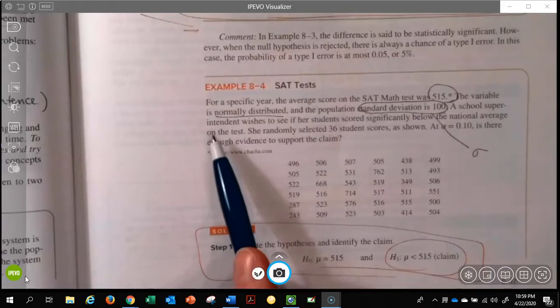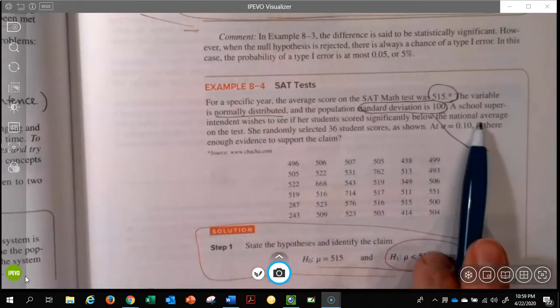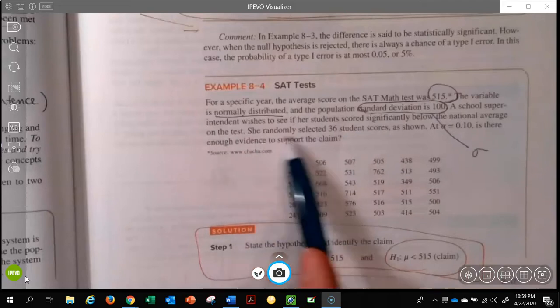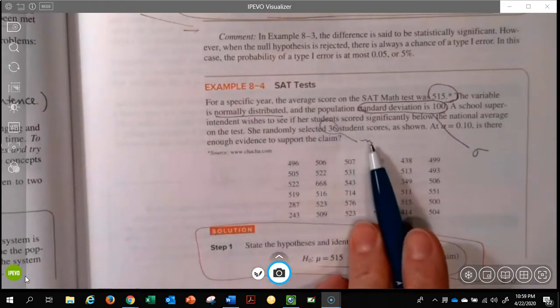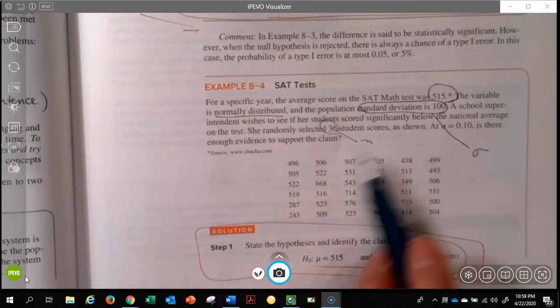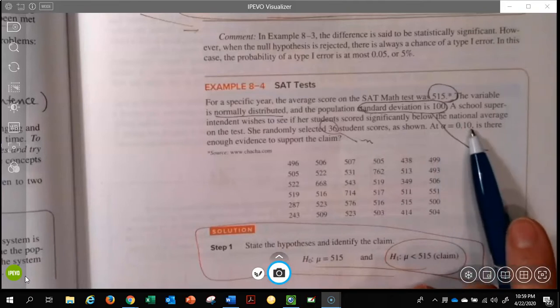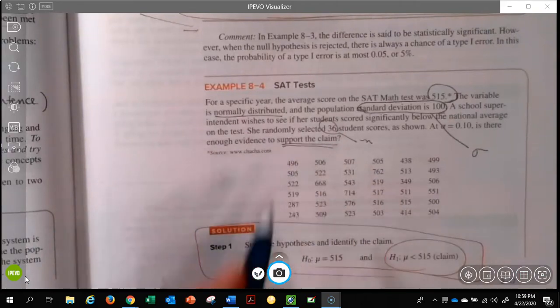A school superintendent wishes to see if her students scored significantly below the national average on the test. The national average is 515. She randomly selected 36, there's our N, student scores, and as you see them here, and that she wants the alpha to be at 0.10, 10%. Is there enough evidence to support her claim?